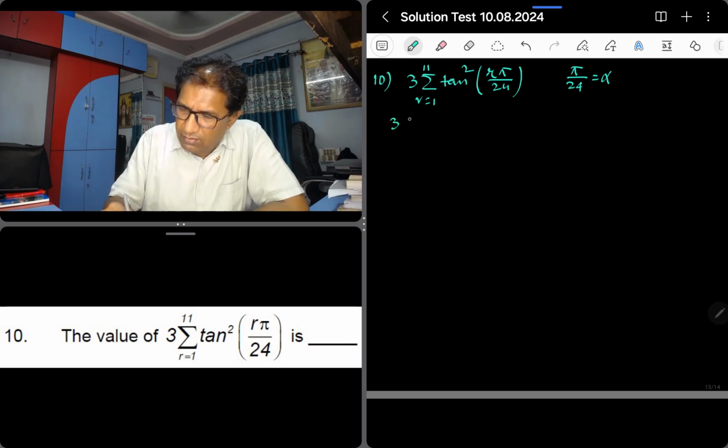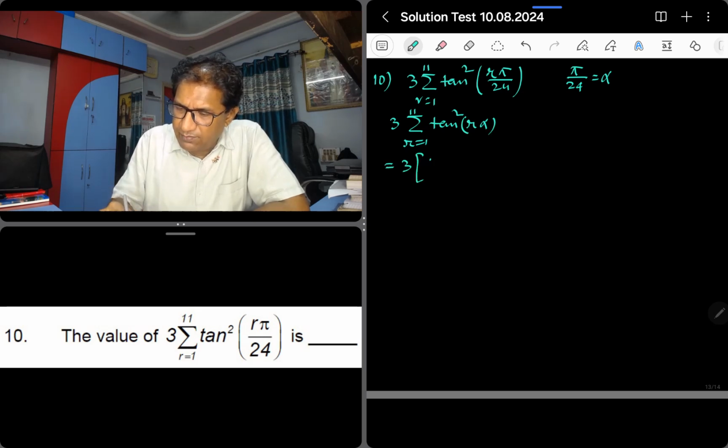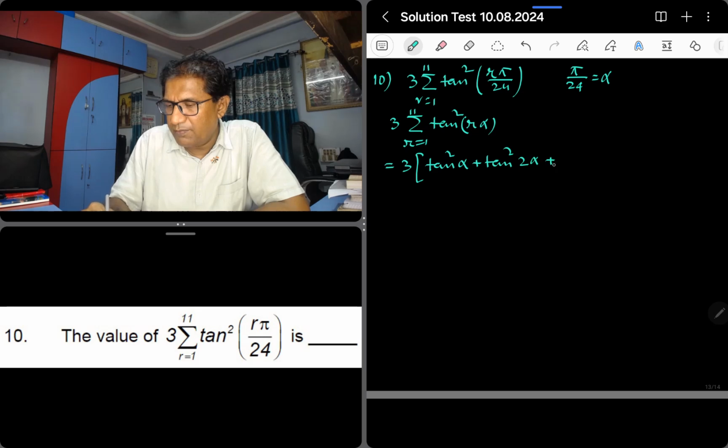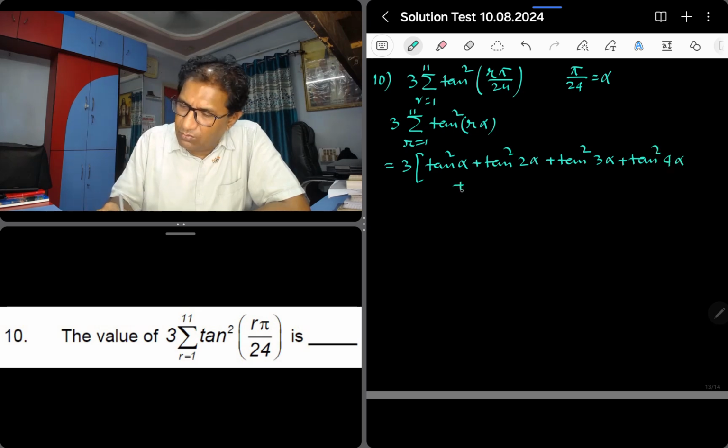So, we have to find out the value of tan square r alpha. That is, we have to find out the value of 3 times tan square alpha, tan square 2 alpha, tan square 3 alpha, tan square 4 alpha, and this goes on till tan square 11 alpha, right?